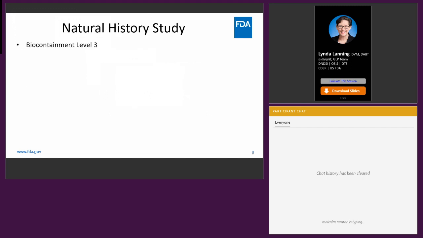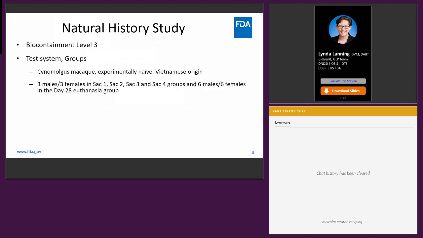This natural history study was conducted under biocontainment level 3. Experimentally naive cynomolgus macaques of Vietnamese origin were included into a study design where 3 males and 3 females were assigned to groups that would be sacrificed at 4 different time points post-challenge to assess the progression of disease, and a group of 6 males and 6 females that were assigned to a group that would be followed for 28 days and sacrificed then.